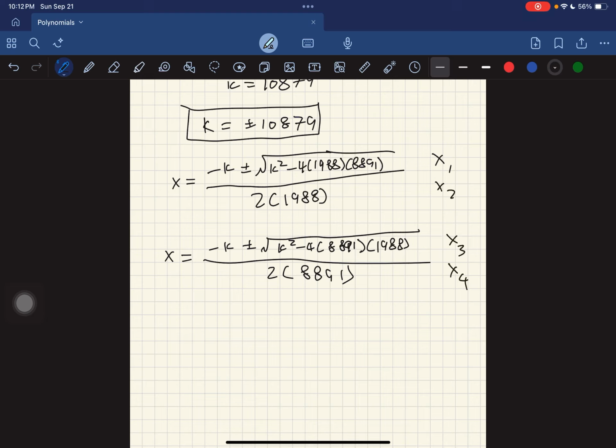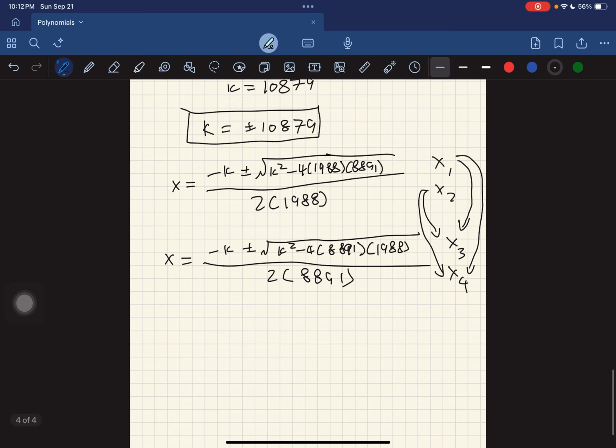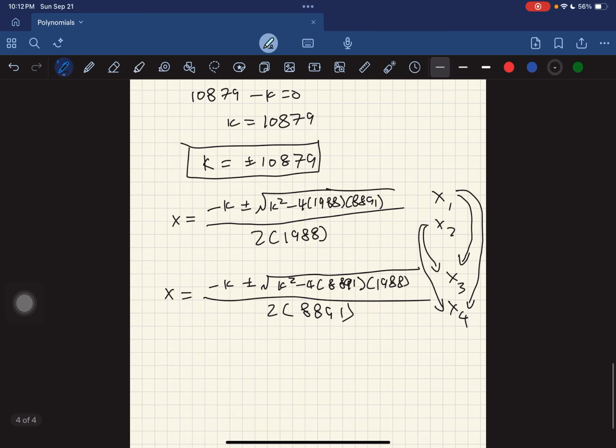Then we would set x1 equal to x3, x1 equal to x4, x2 equal to x3, and x2 equal to x4, and solve for k. But obviously this is a lot more tedious, and we have these massive numbers over here, so this is definitely not the way that you want to do it, although it is technically possible.